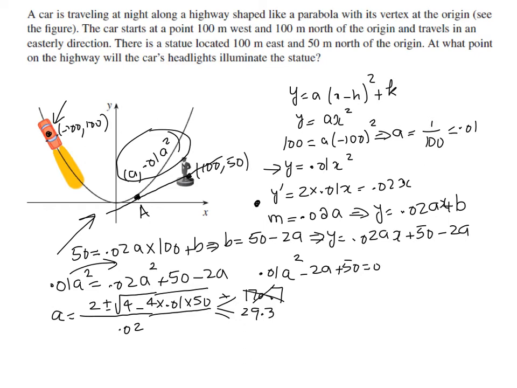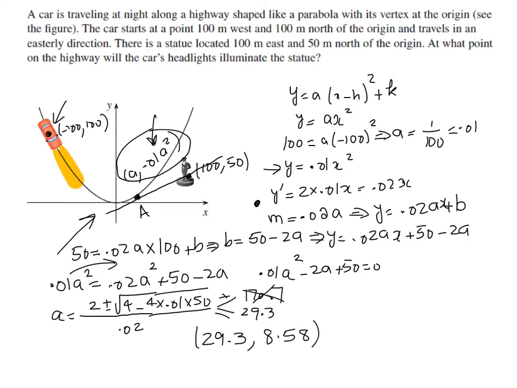Now, to find the y value of the point of intersection, I'm going to evaluate 0.01a squared when a is 29.3. If you use your calculator, you get the point of intersection is 29.3, which is the x value, comma, 0.01 times 29.3 squared is going to give you 8.58.